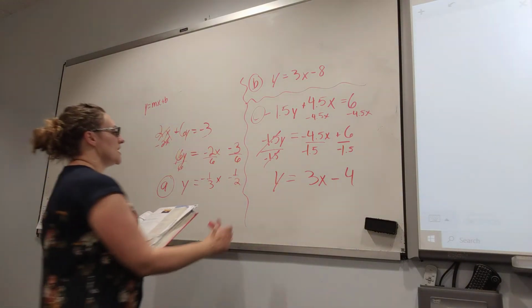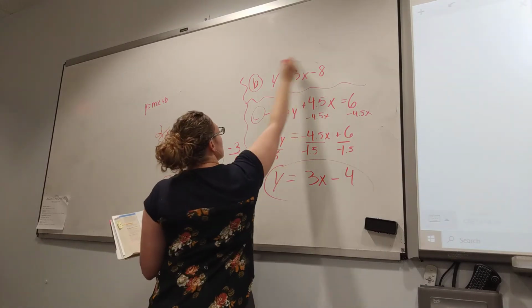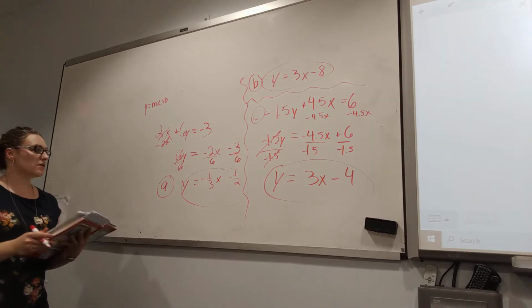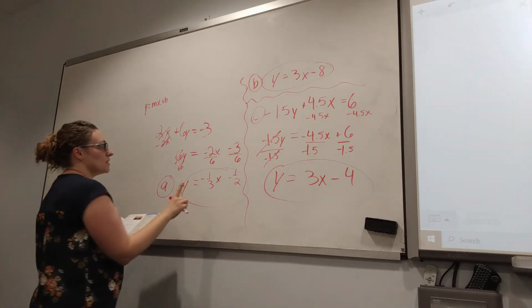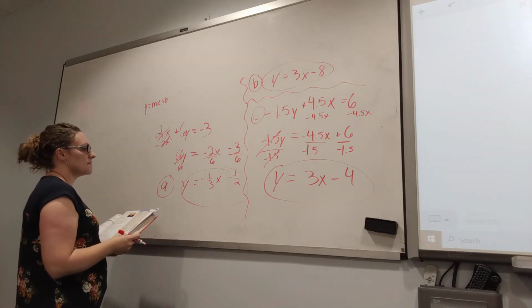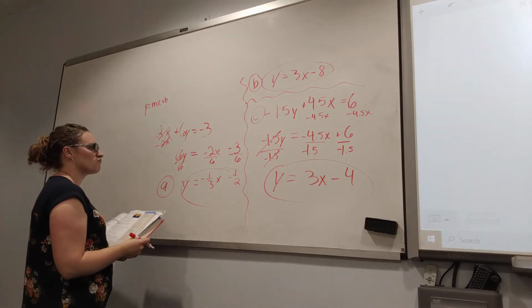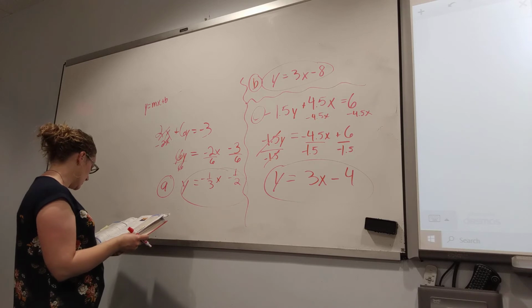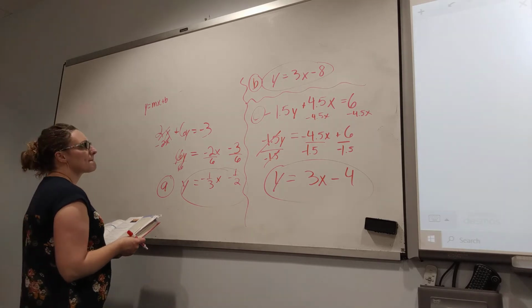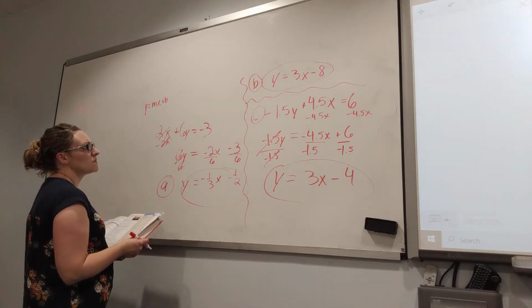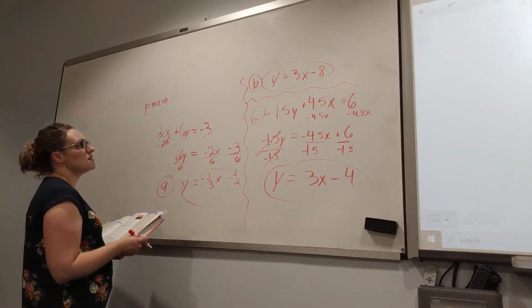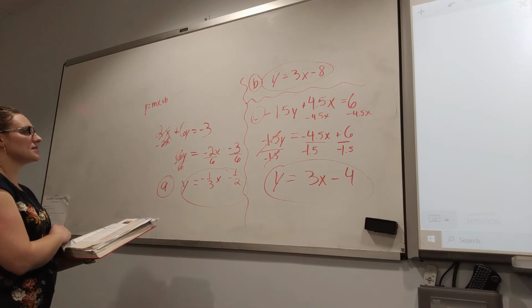Okay, so we have this one, and this one. Now we're going to compare this. Let's look at all these. Which one would be parallel to each other? B and... Does the x have to be the same to be parallel? The slope has to be exactly the same.